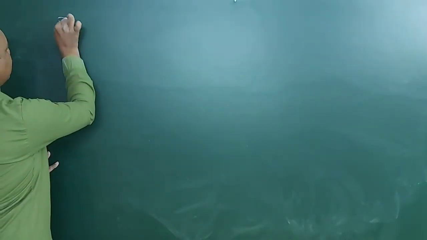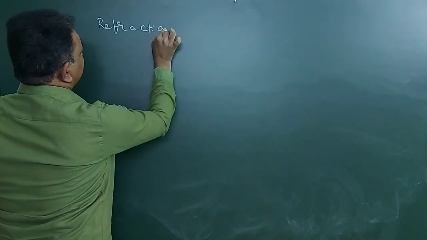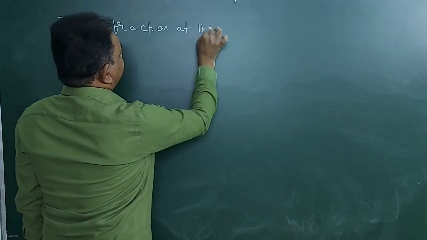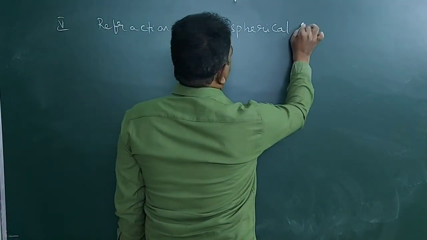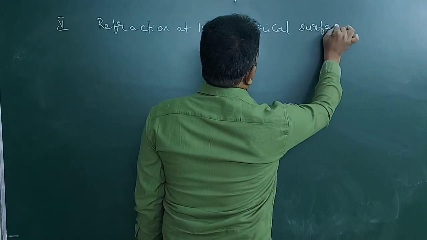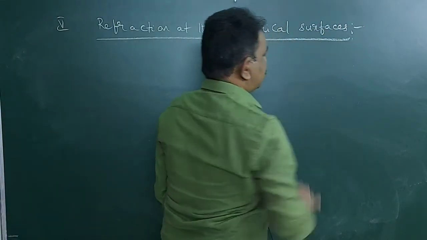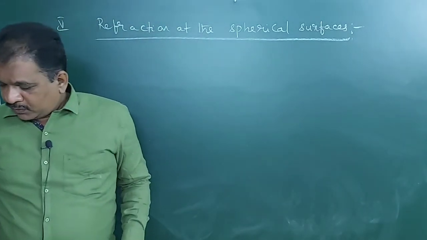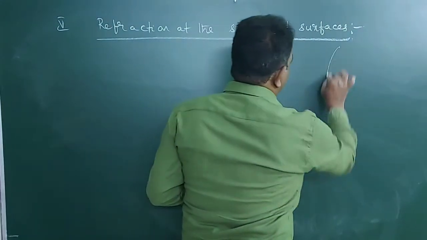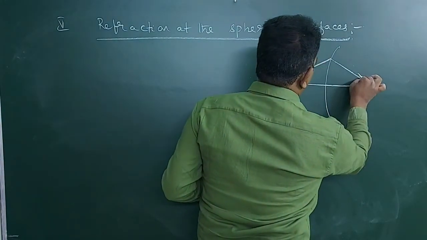Next topic, refraction at the spherical surfaces. What formulas we will use here? So here one surface is like this. One light ray incident like this and refracted like this.